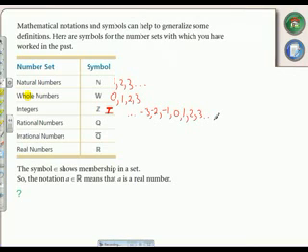Then our rational numbers, our Q. Those are anything that can be put into the form of a fraction. So, the definition, m over n, where m and n are integers. So you can either use I or Z. Really just meaning, hey, I can make a fraction of 2 integers.